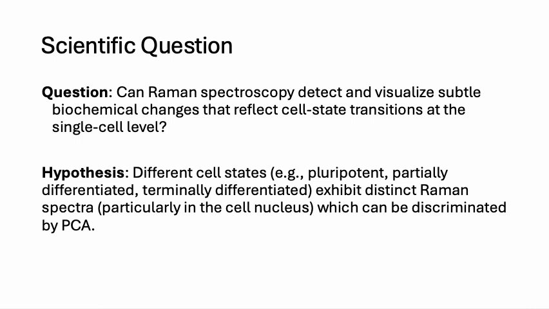Their key premise was that nuclear chemical composition changes, such as protein, chromatin organization, and DNA, are captured by Raman's characteristic peaks. And therefore, if principal component analysis, also known as PCA, reveals this consistent pattern, it will indicate that stem cell differentiation can be monitored label free.